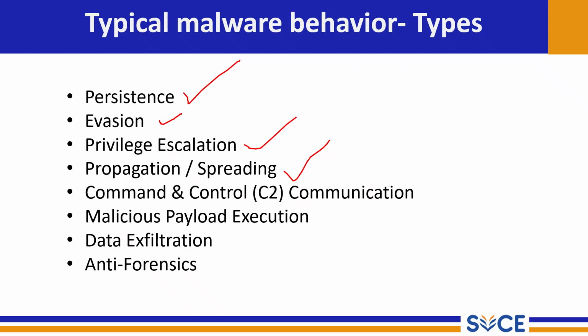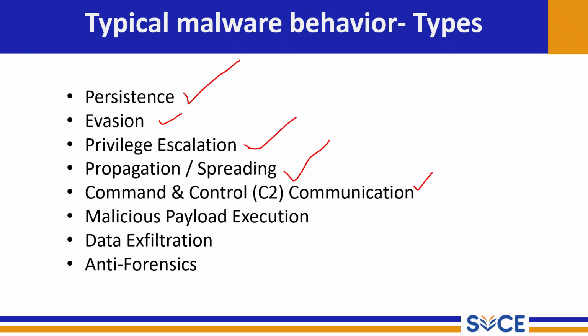Okay. And next one is C2 communication, that is, command and control communication, as we used to say. This is also a very important topic in the case of malware. Once installed, malware often establishes communication with the command and control server, or uses predefined attacker infrastructure, to remotely control the infected system.